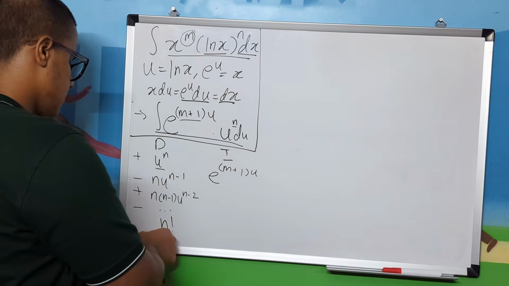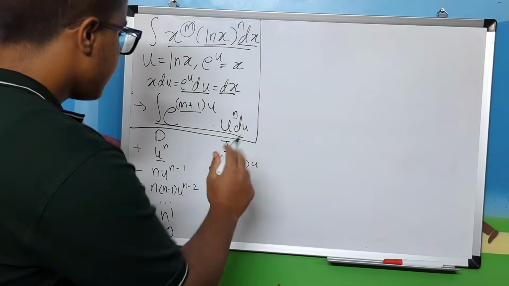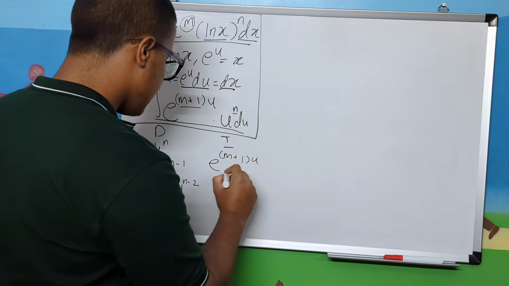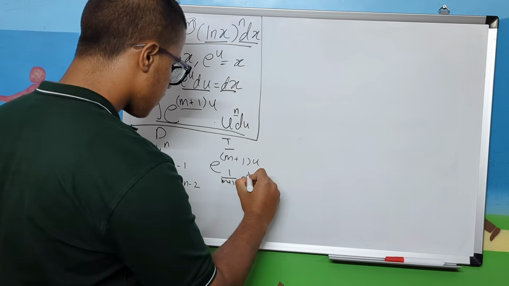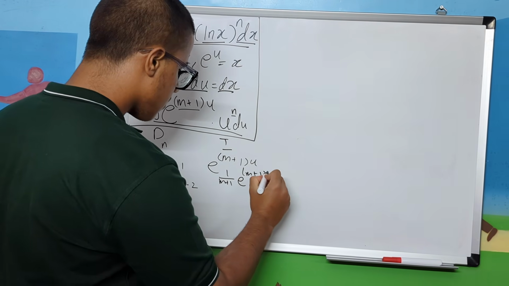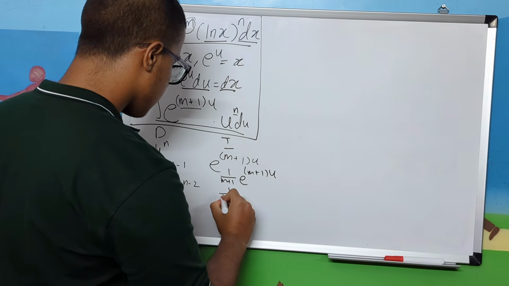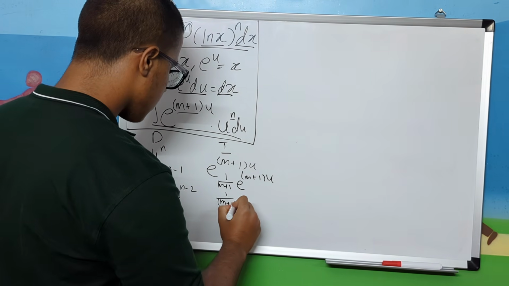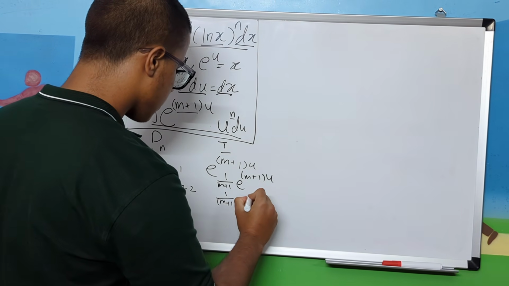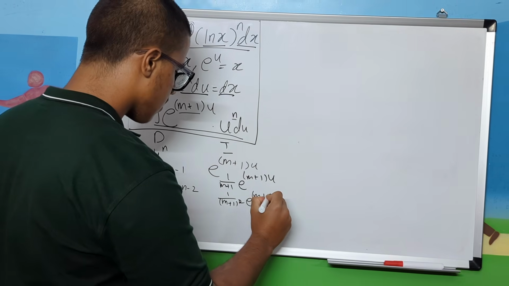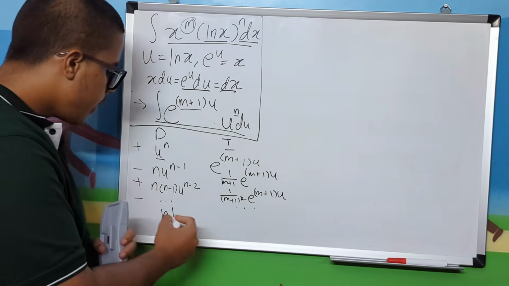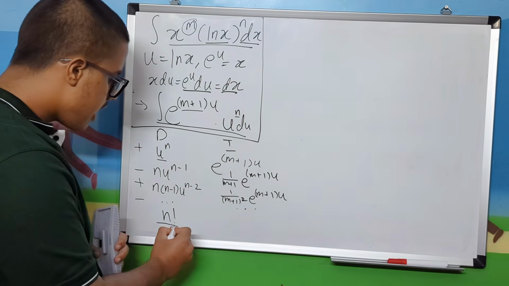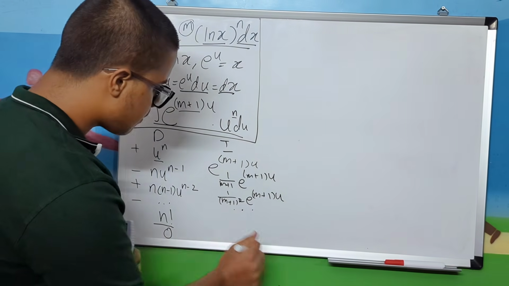We don't know what the sign is here, and the same thing goes here. We keep on integrating until we reach the bottom. Now if you look at it, we got n factorial over here, and in tabular integration you multiply slantedly.